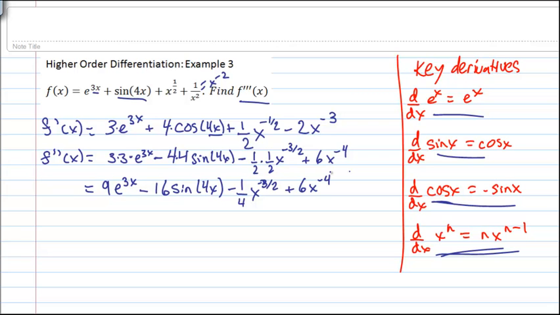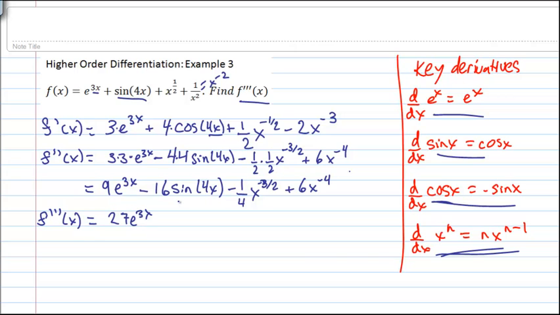I have to apply the differentiation one last time. So again, I will have 9e to the 3x times 3, because of the chain rule. So this will be 9 times 3, which is 27 e to the 3x. Now I will have minus 16 cos 4x, but I have to multiply this by 4 because of the chain rule again.